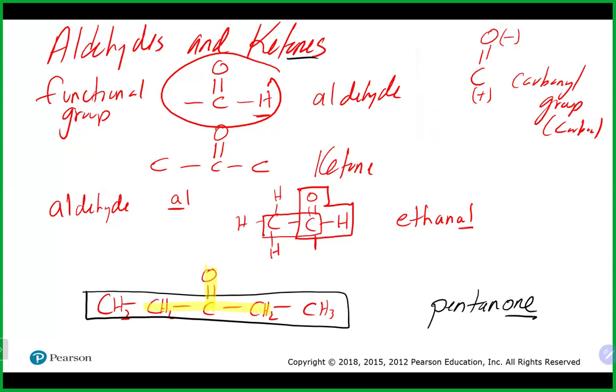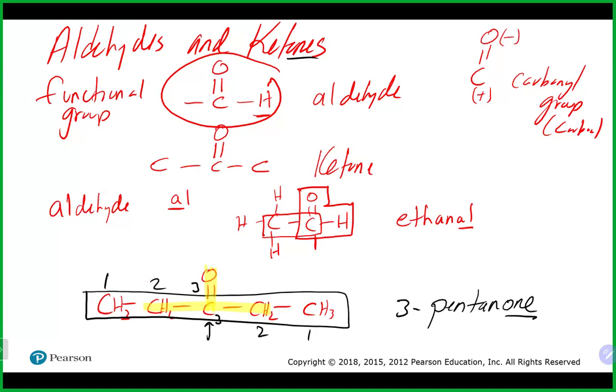In this case, this is where with ketones you do need to give the location of the carbon-oxygen double bond. This is where you could have more than one option. In this case, no matter which way you number, this is going to be number 3. If you started in this direction, it's going to hit number 3.